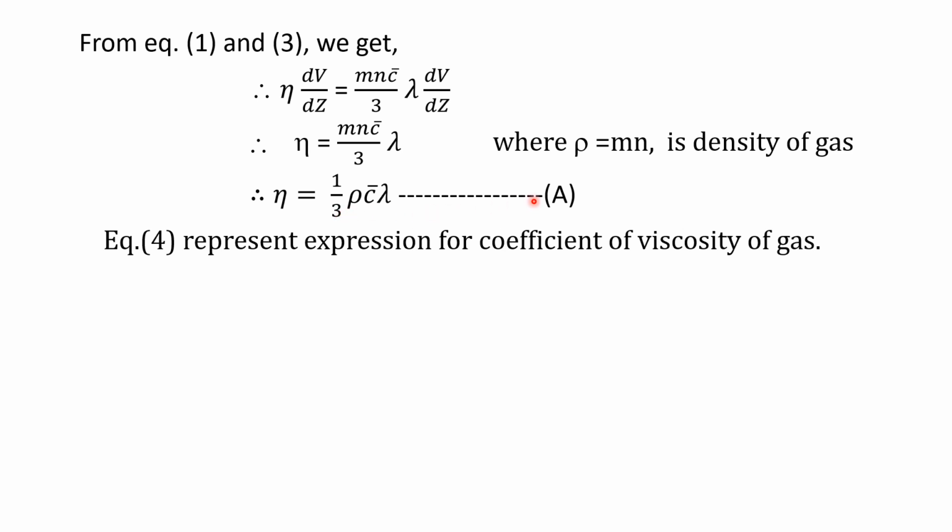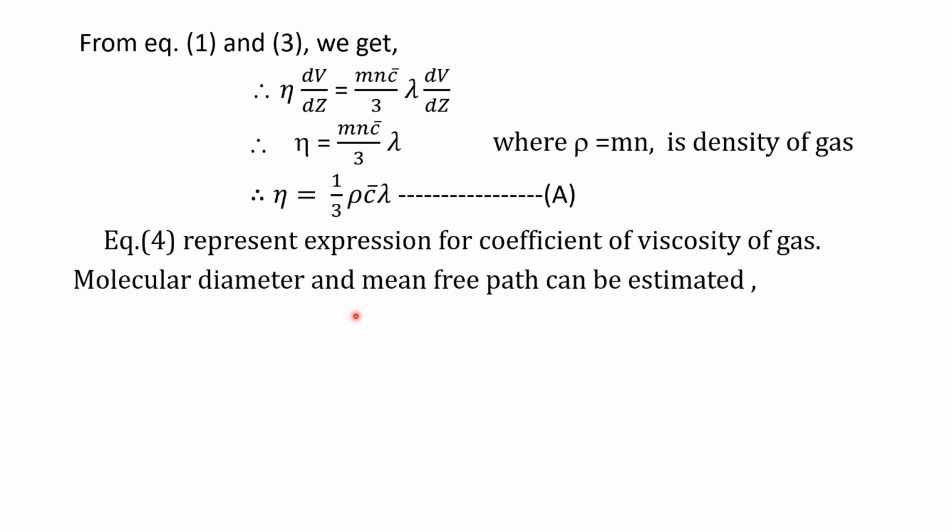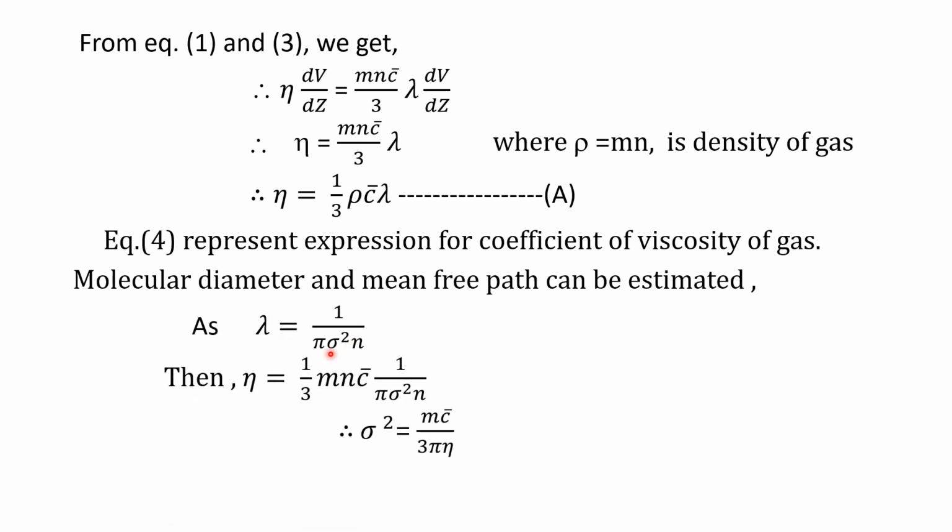From that equation, it is also possible to estimate the molecular diameter and the mean free path of the gas molecule. That equation we simplify. As you know, lambda is equal to 1 divided by pi sigma square n. Therefore, eta is equal to 1/3 m n c bar into 1 divided by pi sigma square n.